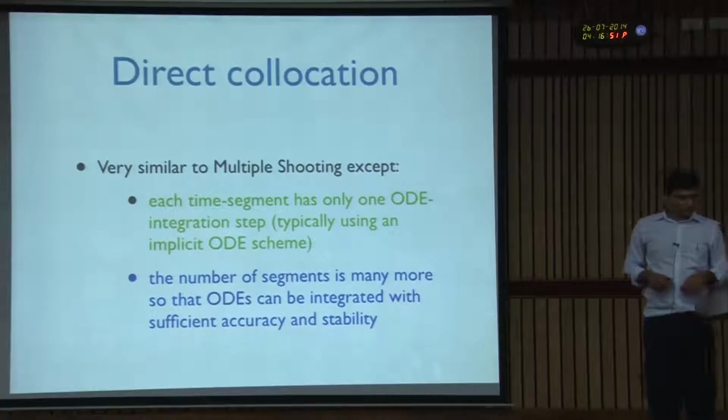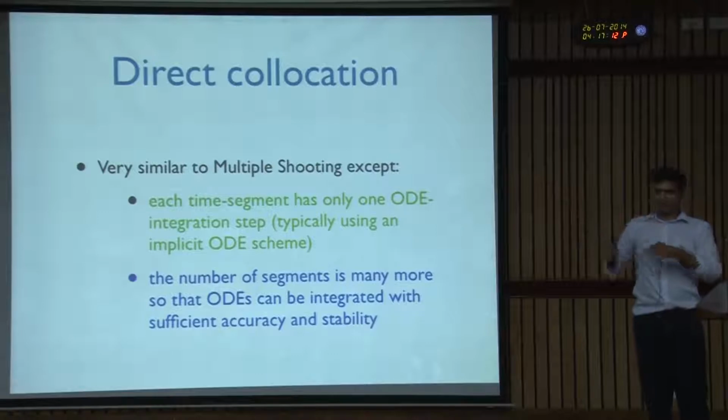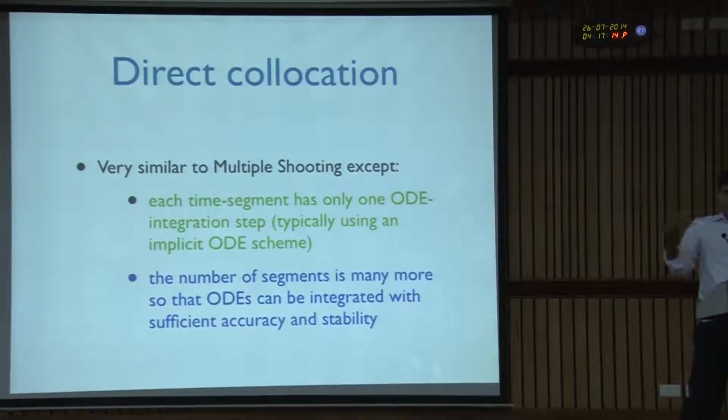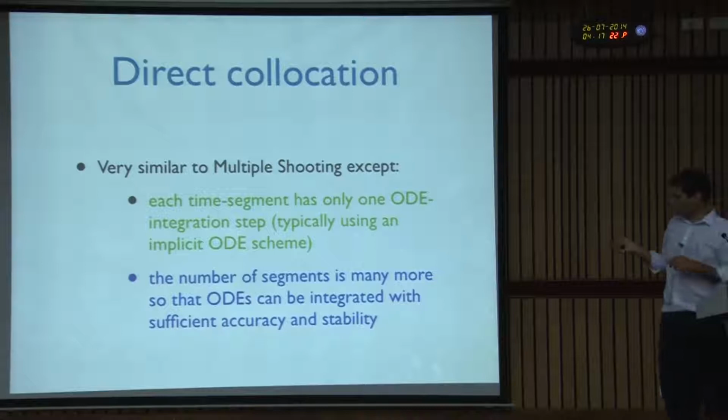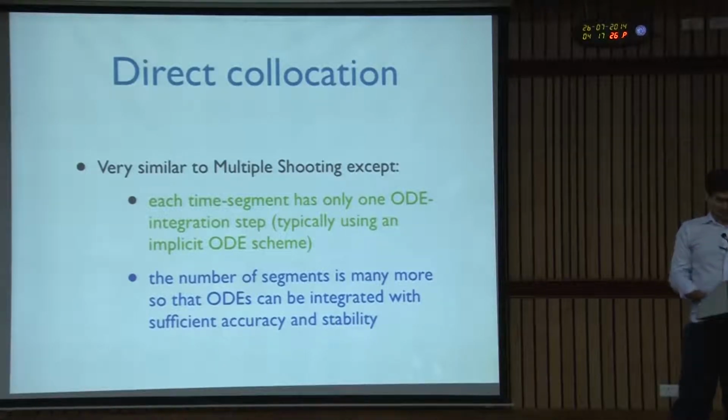In other words, let's say you break up the whole motion into 200 points, and at each point the states are unknown, the controls, namely the torques in this particular problem, are unknown, and then you say the appropriate state derivatives must be equal to the torque, and so on. In other words, you write an equation that expresses the differential equation in terms of these unknowns. That's your constraint. You have essentially a lot of differential equation constraints. That's direct collocation, and then you add other constraints that express your particular problem.